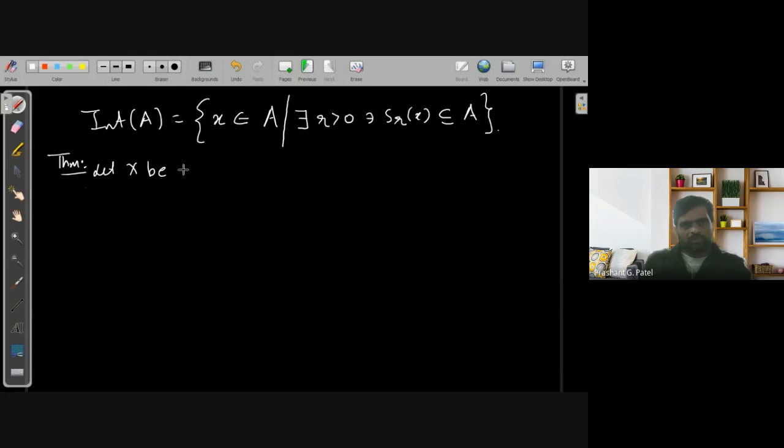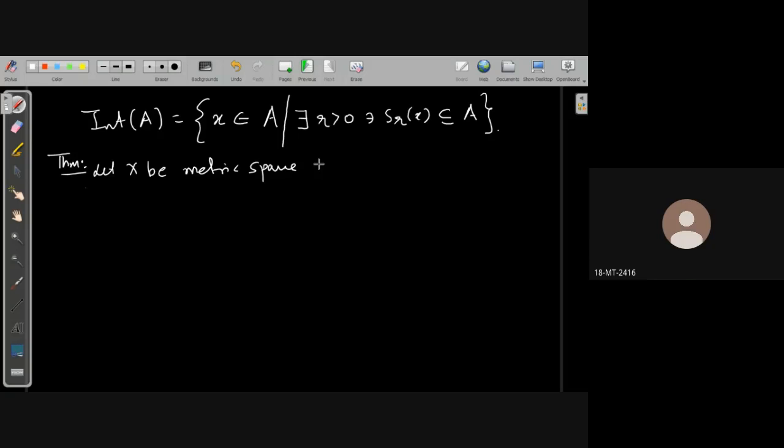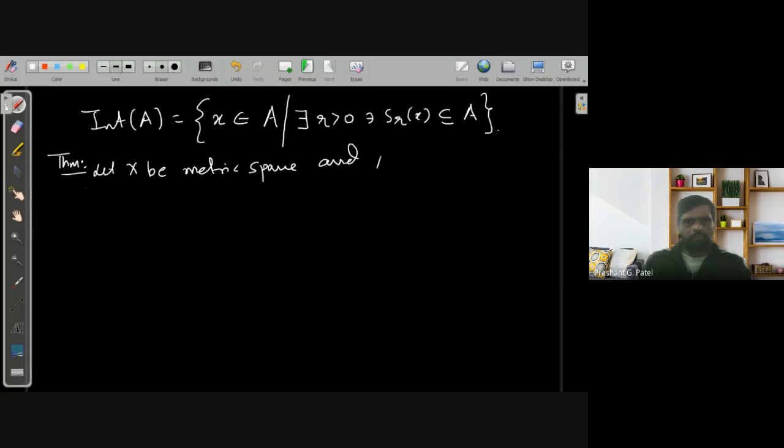Sir, it is always open. Yeah, the first thing you can observe is that the interior of a set is always an open set. That is the first property: the interior of A is open.